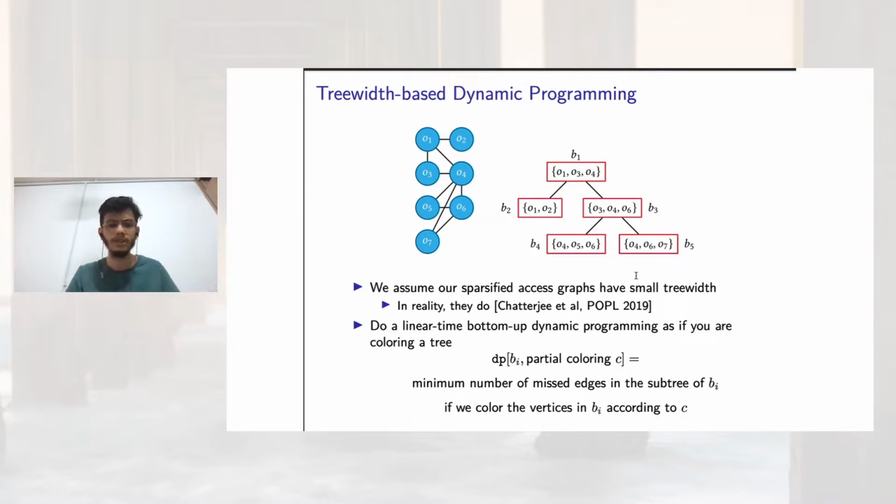We have a simple dynamic programming that, for each bag Bi and partitional coloring C, finds the number of minimum cache misses, or missed edges, in the subtree of Bi, if the colors of the vertices in Bi are according to C. That can solve our problem, and then we can count the missed edges, which correspond to the cache misses.